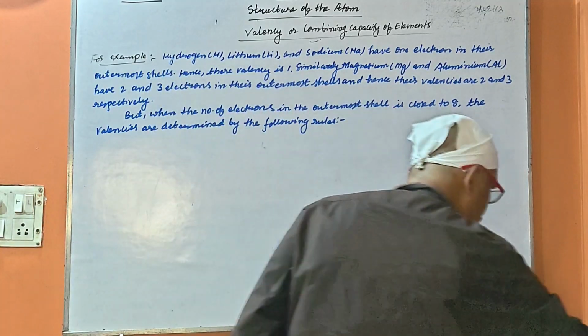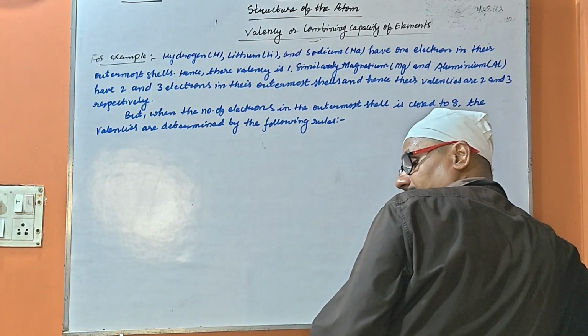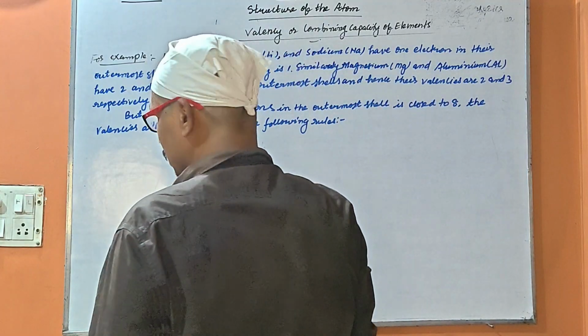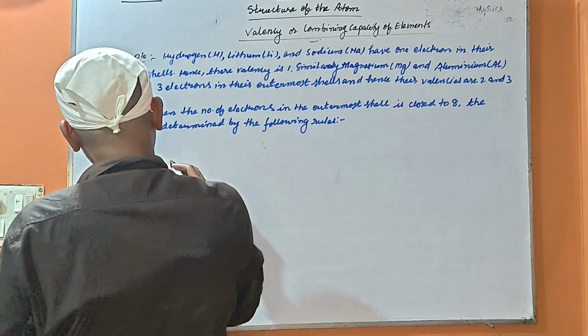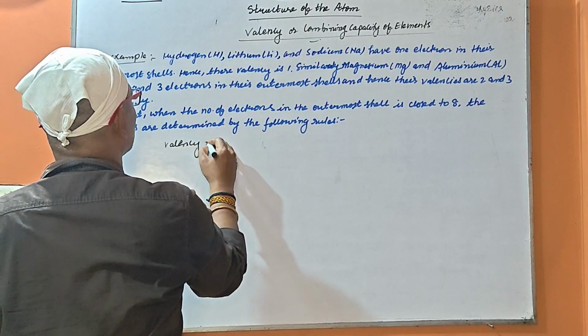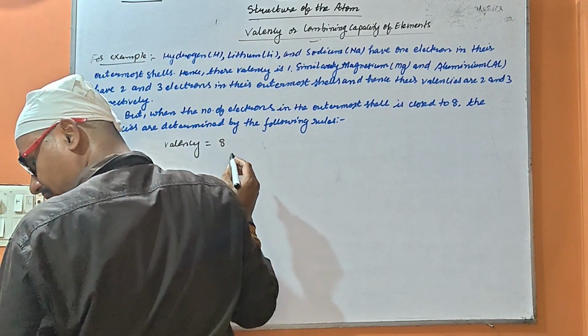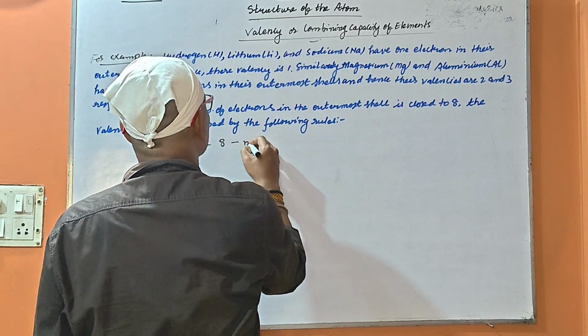Which rule do we have to follow? Let us see. Valency is equal to 8 minus the number of electrons in the outermost shell.